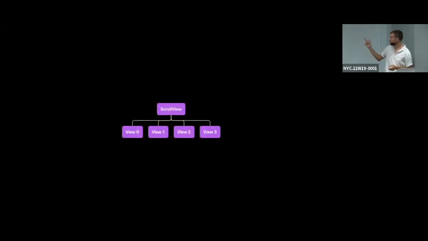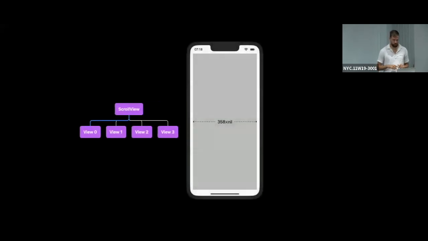So this is how that would look. This is a little bit of a fake render tree, but the scroll view starts by proposing, let's say, 358 by nil to the first view, and the view responds I was 200, and to the second view, again, this nil proposal for the height, and then the view responds I was 80 high, and the third view responds 400 in the final view.